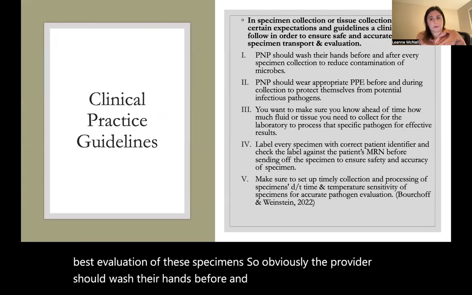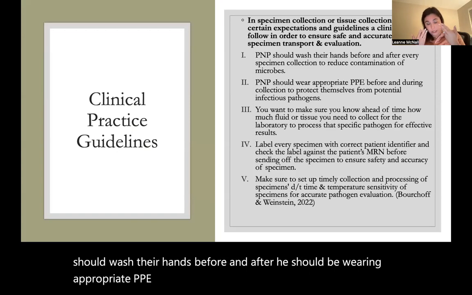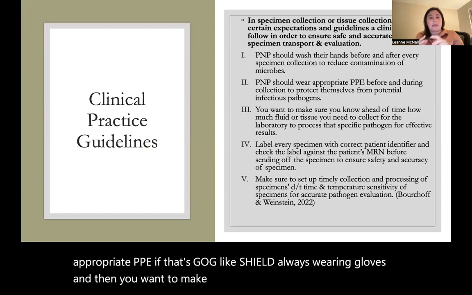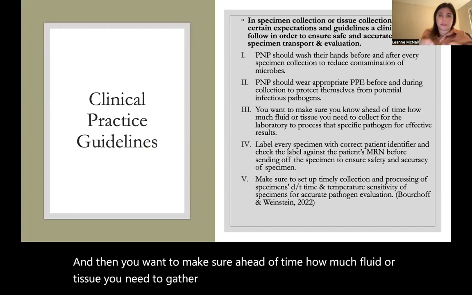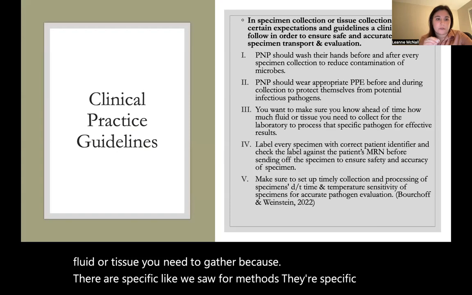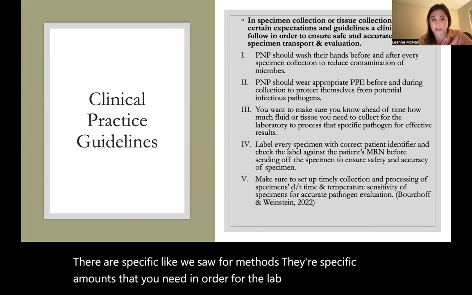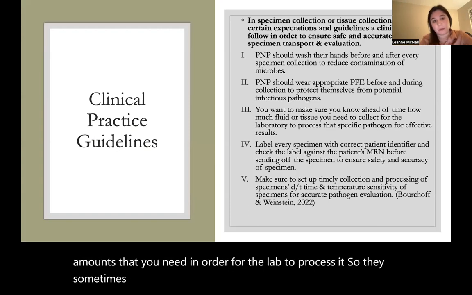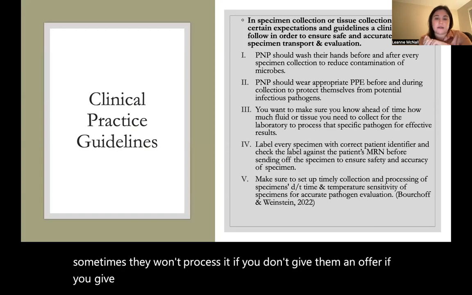You should be wearing appropriate PPE, like goggles, a shield, always wearing gloves. And then you want to make sure you know ahead of time how much fluid or tissue you need to gather, because there's specific amounts, like we saw for methods, that you need in order for the lab to process it. So sometimes they won't process it if you don't give them enough, and then you'd have to do it again, which is horrible.